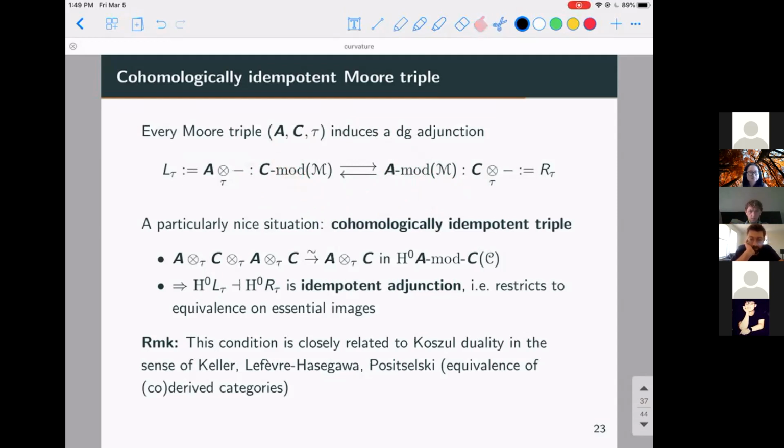And if this idempotence condition holds, you should think of this as saying something like you can compute inside here to carry out computations in the derived category of A modules. Okay, let me not say anything more about that.